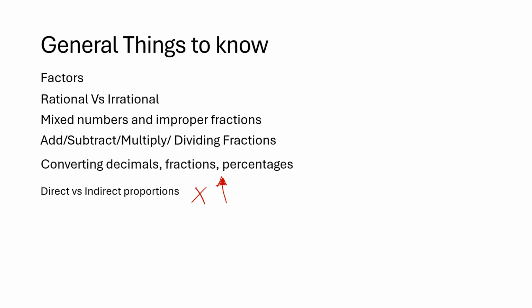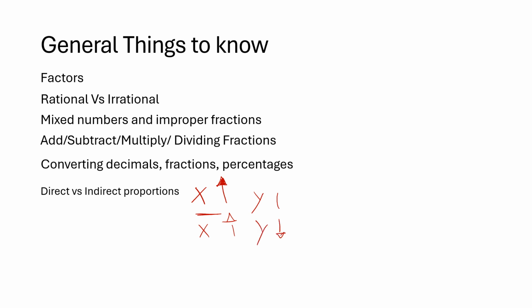Okay, so a direct proportion: the more I study, which is x, the higher my grade is. That is literally all it means. As x goes up, y goes up with it. As x goes down, y goes down with it. And indirect proportion is exactly what it sounds like. It is indirectly related.